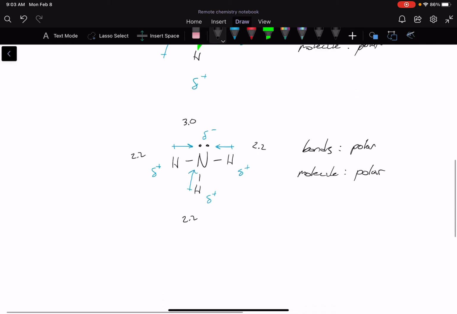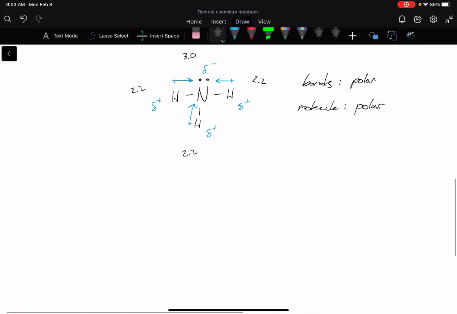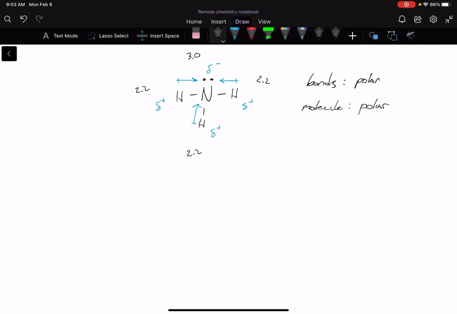All right, let's look at an example of when you can have polar bonds but a nonpolar molecule. So we're going to look at CCl4, carbon tetrachloride. So carbon tetrachloride looks like this.